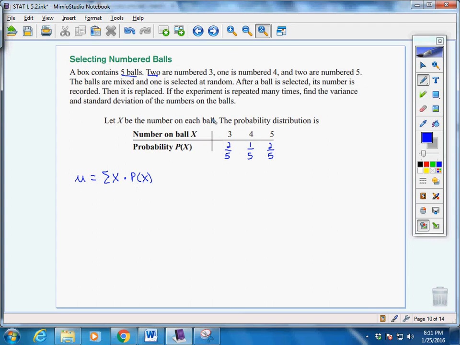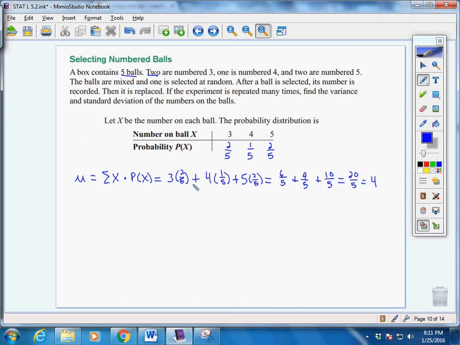So to find the mean of this distribution, I'm going to go 3 times 2/5 plus 4 times 1/5 plus 5 times 2/5, and then just figure that out. This is 6/5 plus 4/5 plus 10/5. That ends up being 20/5, which we know is just 4.